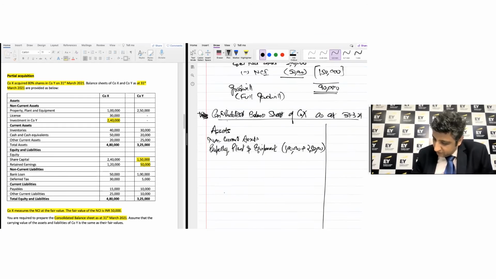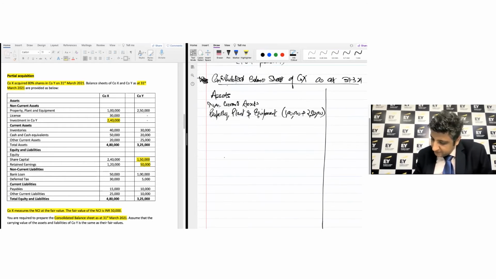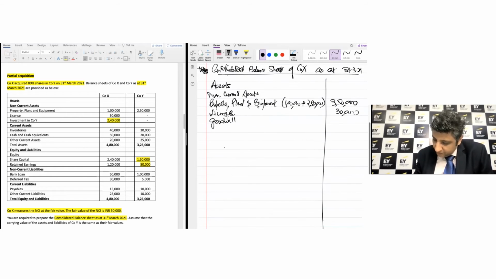This becomes 3,50,000 rupees. Then we have a license, which is 30,000 rupees, and then we had goodwill, which amounted to 90,000 rupees. I'm using the reference of working 2, making it 90,000 rupees. And then I'm looking at, of course, my current assets.